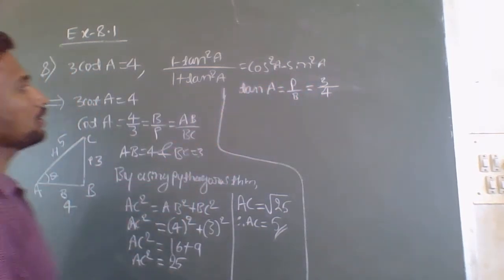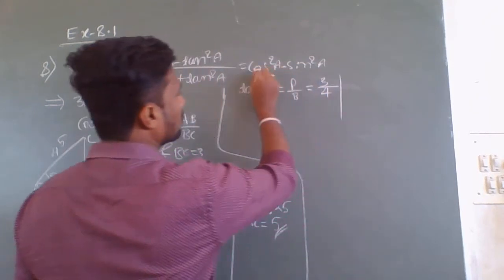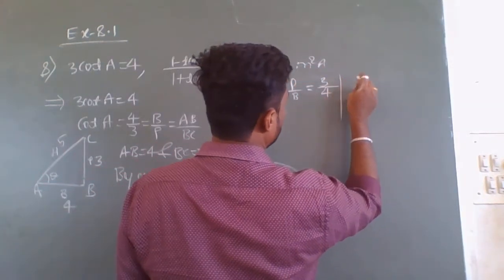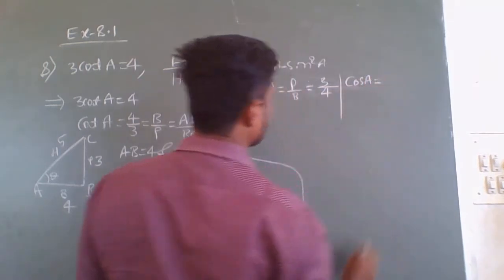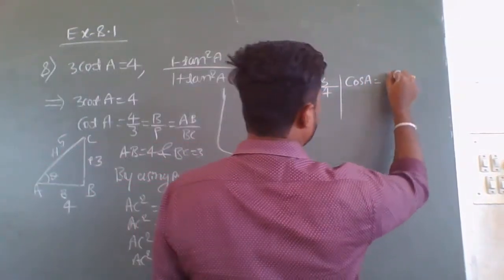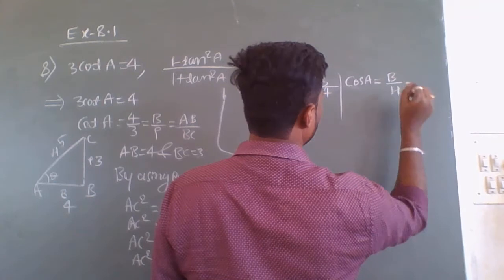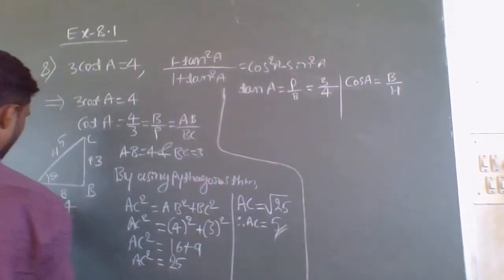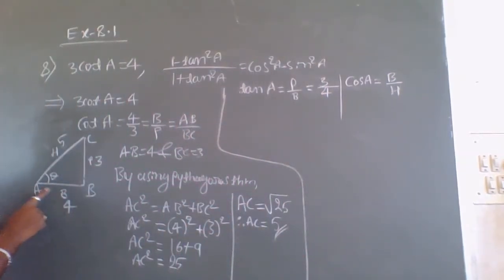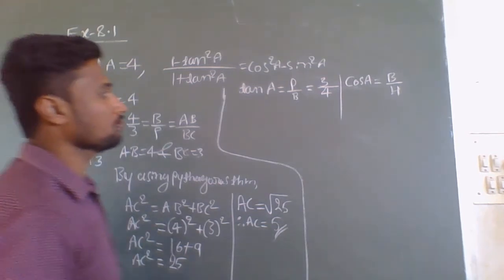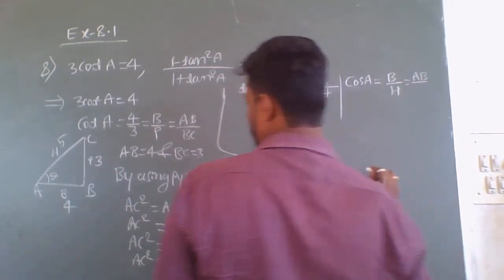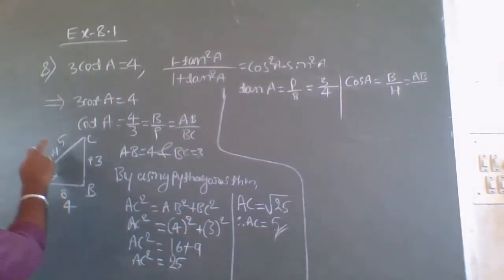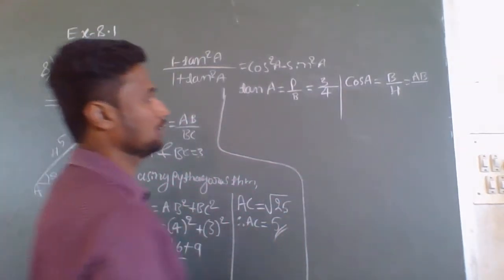Okay. So now again we have to write values of cos A and sin A. So here I will write what is cos A. Cos A equals base by hypotenuse. So here what is base? Base here is AB, and hypotenuse is AC.